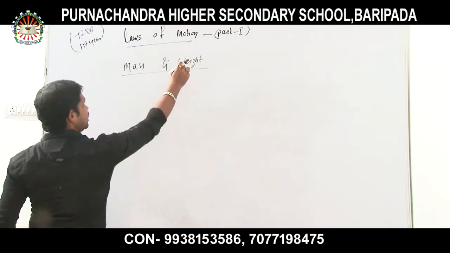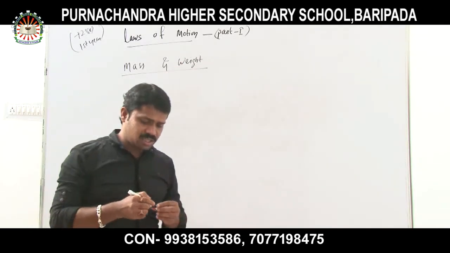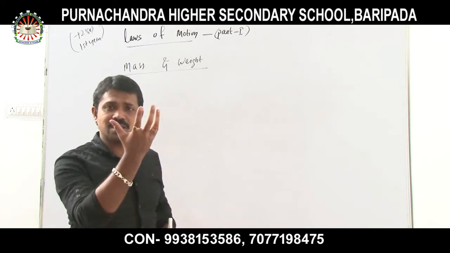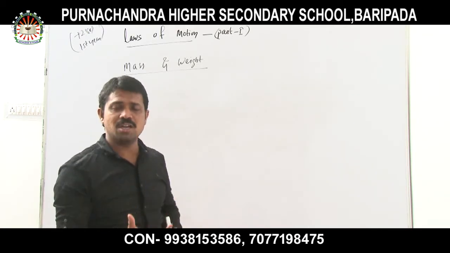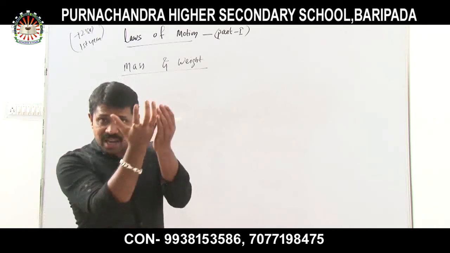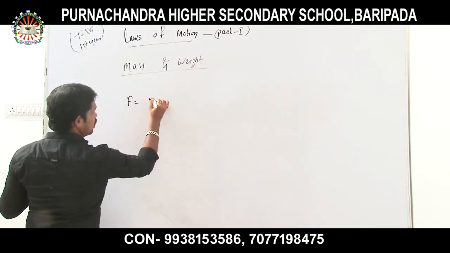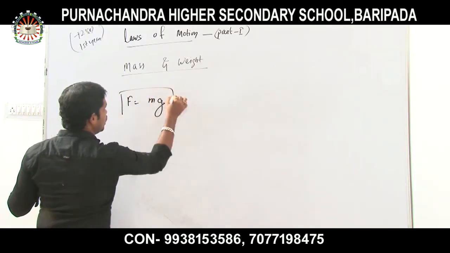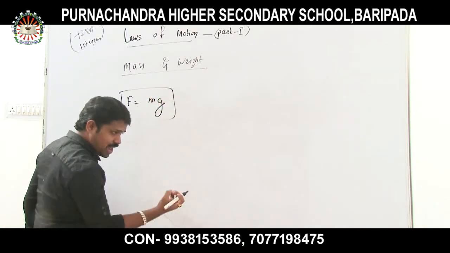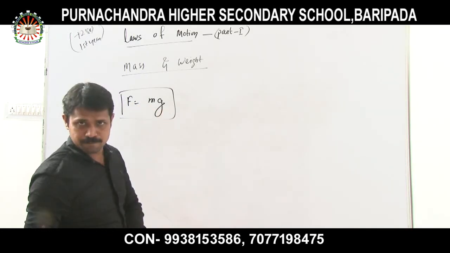But when it comes to weight, weight is the force which the earth attracts us with. Very simple. So I can write F is equal to mass into g. That is called weight. That is the force of attraction with which the earth pulls an object.